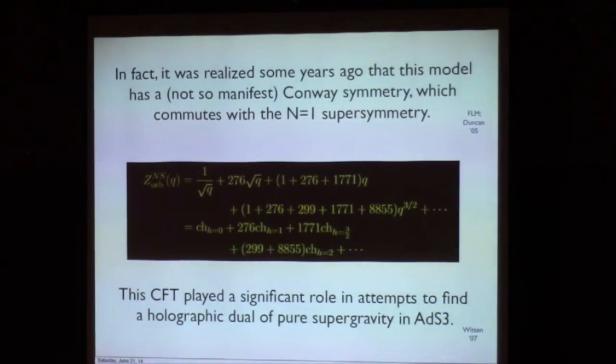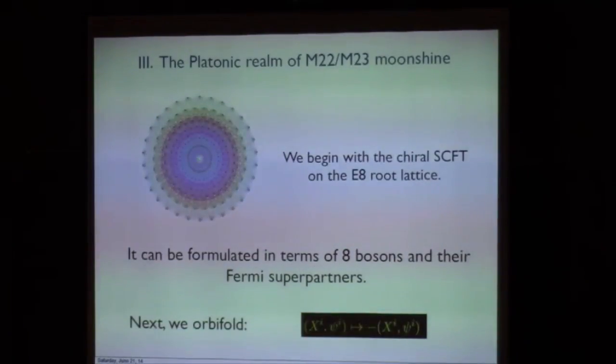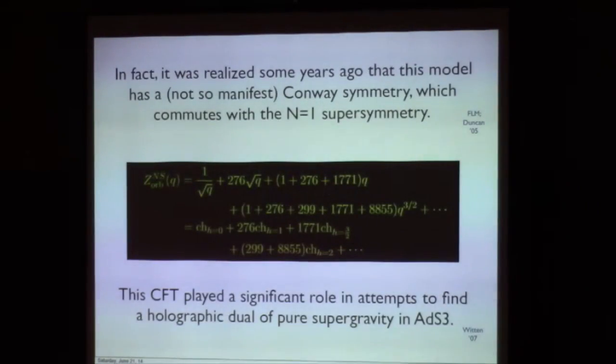In fact, it was realized some years ago, starting with FLM and then later, I think greatly improved by Duncan, that this model has a not so manifest Conway symmetry, which actually commutes with the N=1 supersymmetry that's present in the orbifold model. Okay. So if you expand this in N=1 characters, here's what it looks like. And again, the Conway structure is manifest.